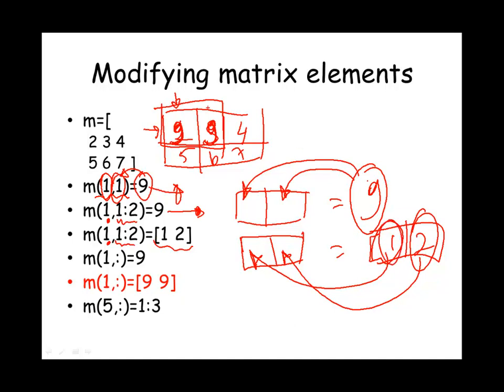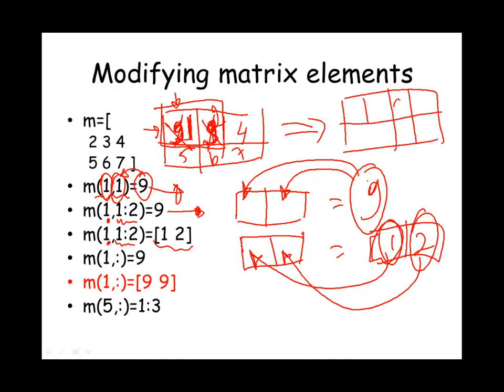So number 1 will be placed in the first box that we are referring to. So top left corner will now become 1. And number 2 will be placed into the second box that we are referring to. The second number 9 now will become 2. Let me rewrite this matrix. We have 1, 2, 4, 5, 6, 7.